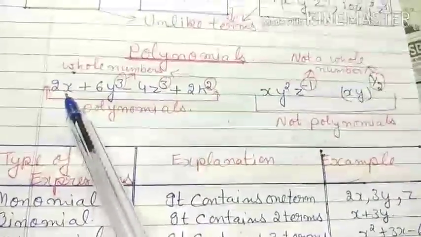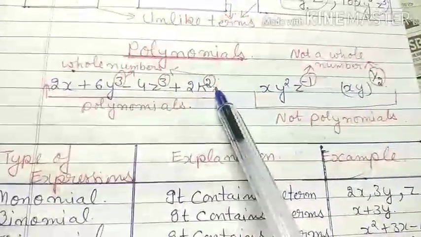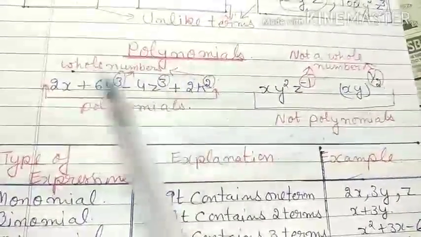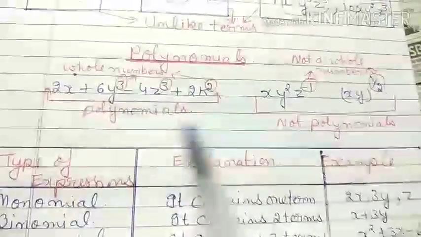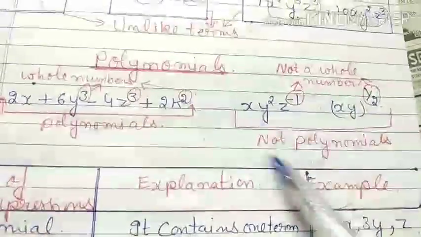So if I have the expression 2x plus 6y cube minus 4z cube plus 2k square, these 2, 3, 3 are whole numbers. If the variable power is a whole number, we consider it a polynomial. But if any variable power is negative or a fraction, we consider it a non-polynomial.